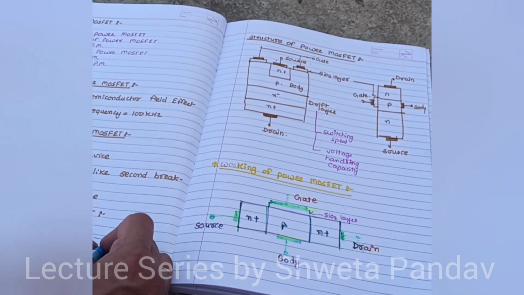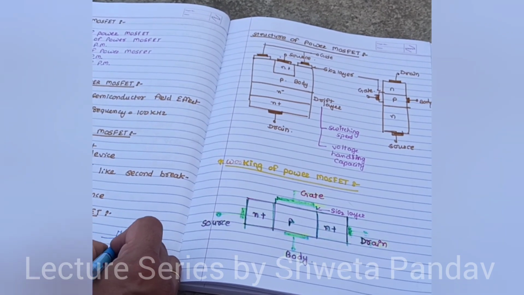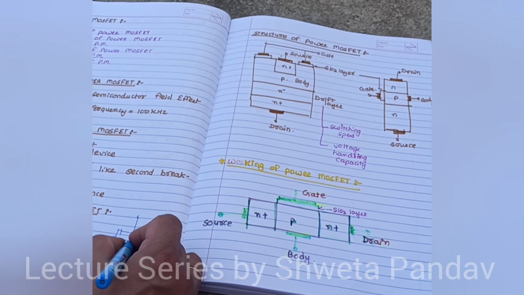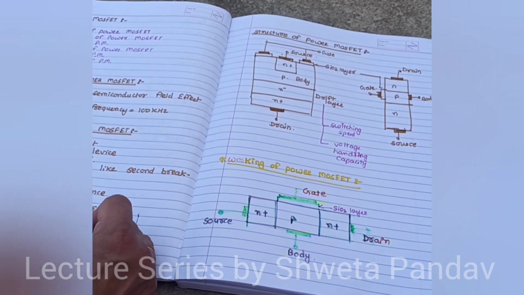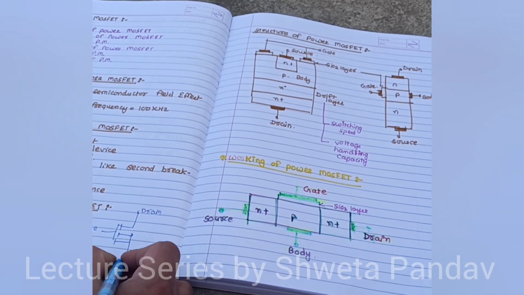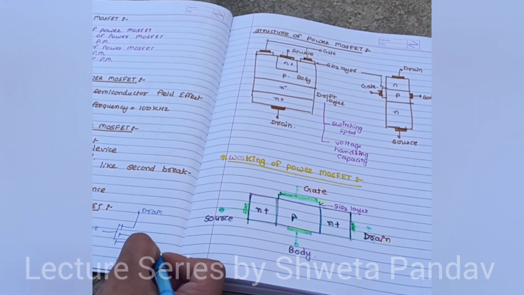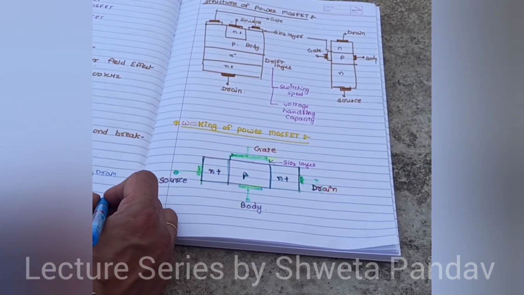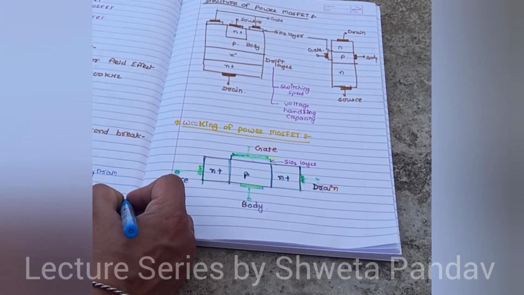In the second type of MOSFET, the arrow direction is outward. It also has three terminals: gate, drain and source. If the arrow direction is outward, it is called P channel MOSFET.